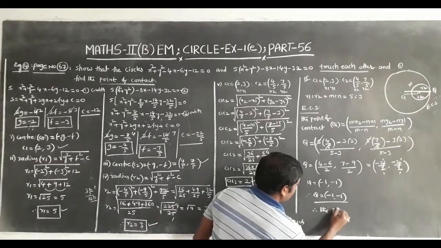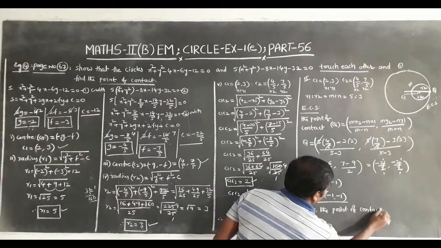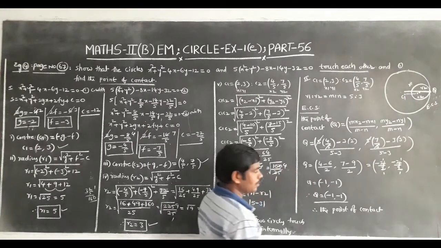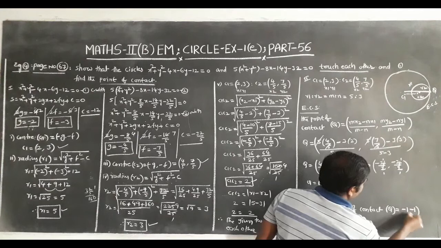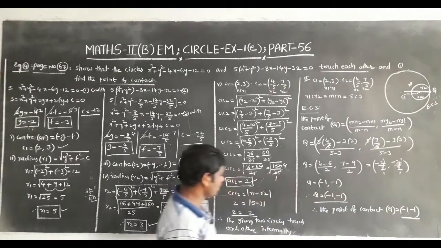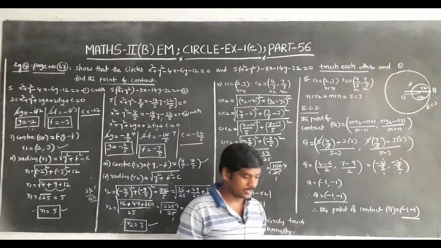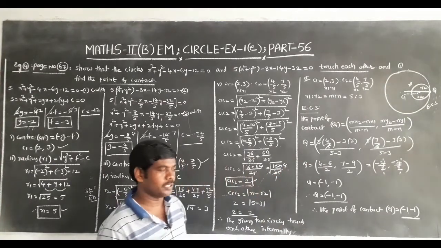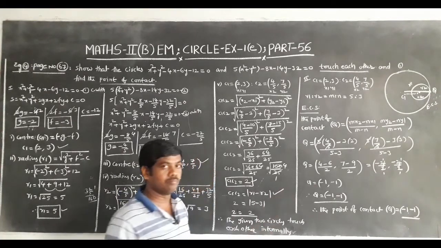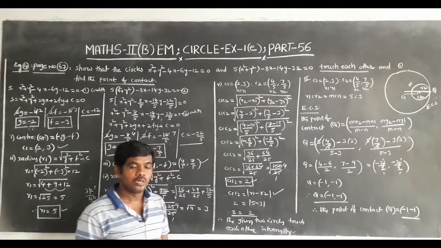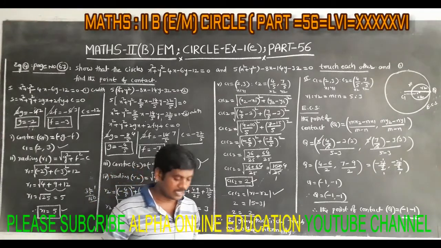Therefore, the point of contact Q is equal to (minus 1, minus 1). This is the second part. Here, in the first part we proved that C1C2 is equal to mod of R1 minus R2 if two circles touch each other internally.